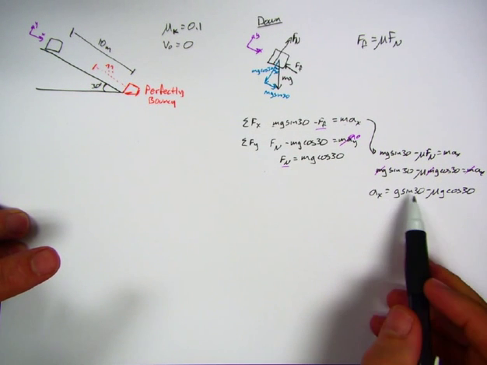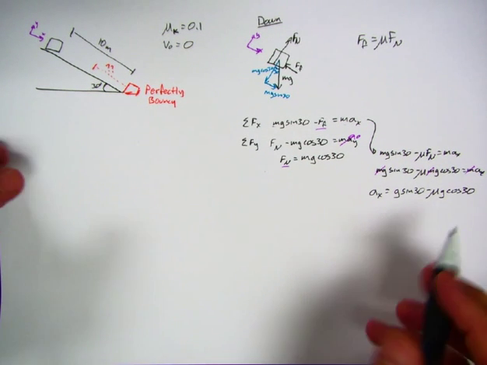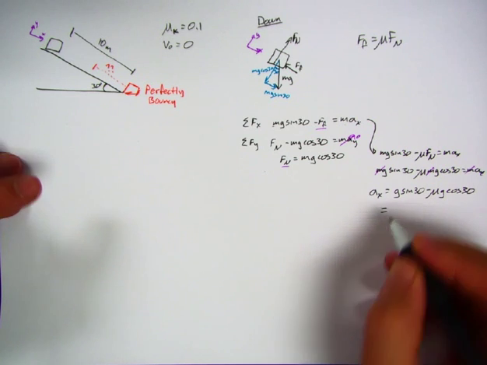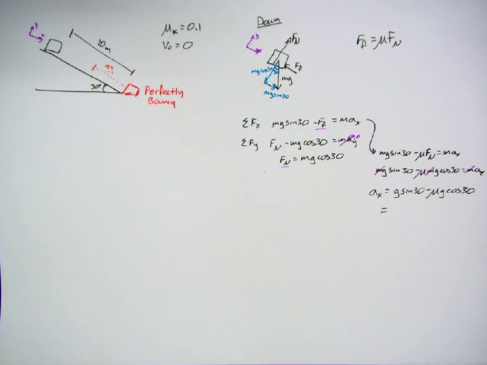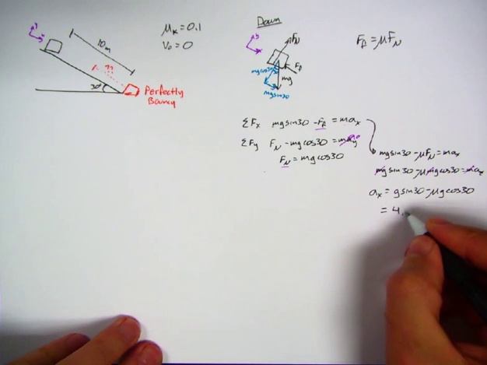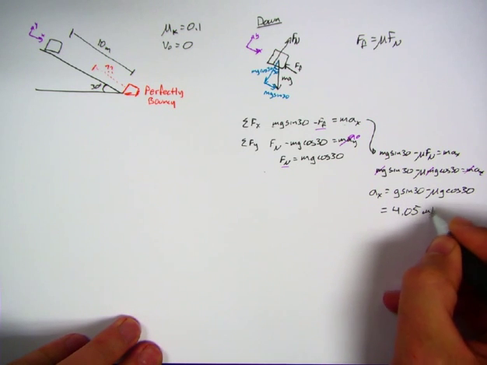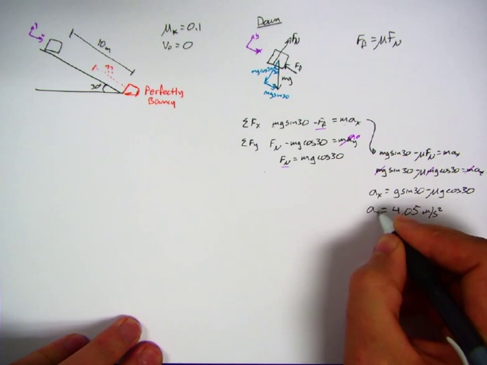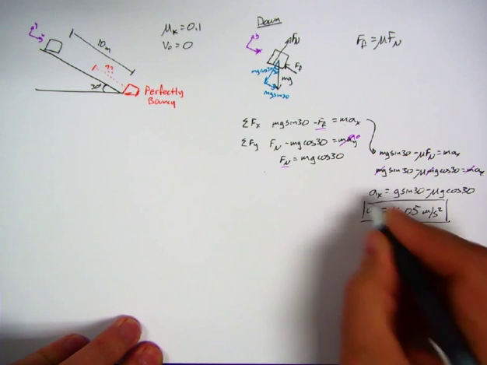I know g, I know sine 30, mu, so let's plug that in. 9.8 sine 30 minus 0.1 times 9.8 times cosine 30, and I get an acceleration of 4.05 meters per second squared. So there's a nice acceleration.